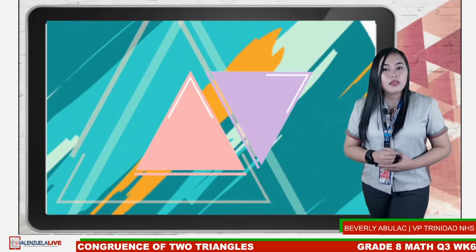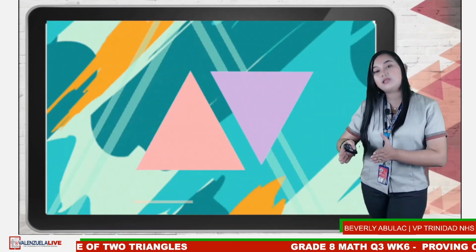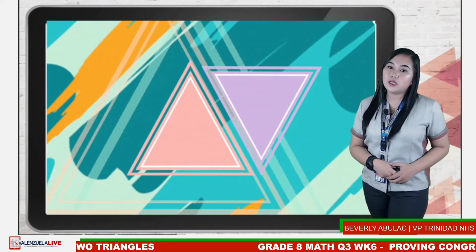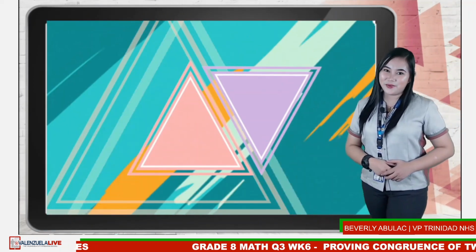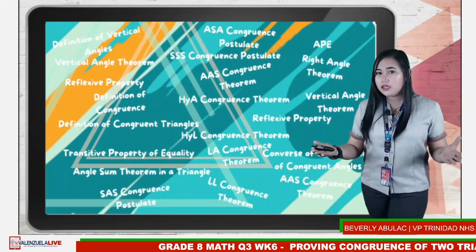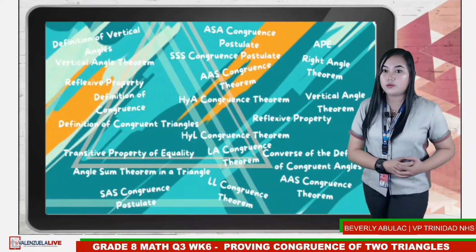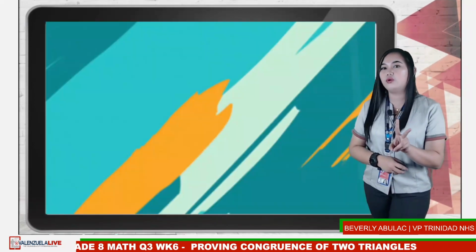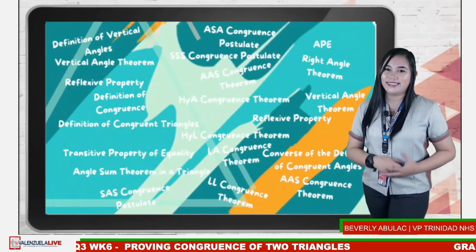However, in certain cases, if three pairs of corresponding parts are congruent, then it is sufficient to prove that two triangles are congruent. Various definitions, theorems, and postulates will be used to prove if two triangles are congruent, so you have to be familiar with them.